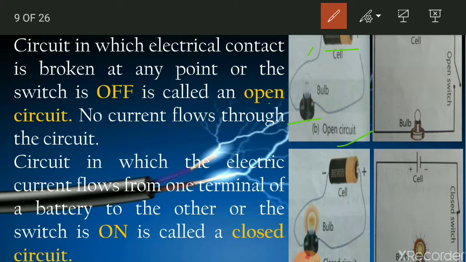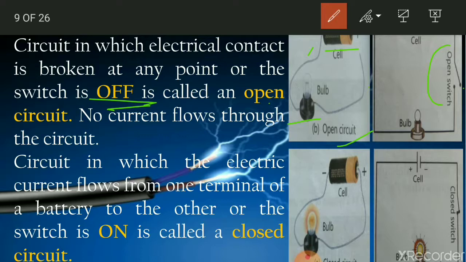Okay, so if in any circuit the electrical contact is broken at any point or the switch is off, here you can see this is the symbol of an open switch we have studied. So this is an open switch. Open switch means the switch is in off condition.